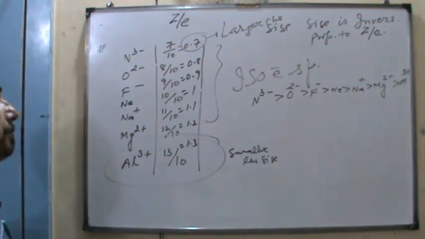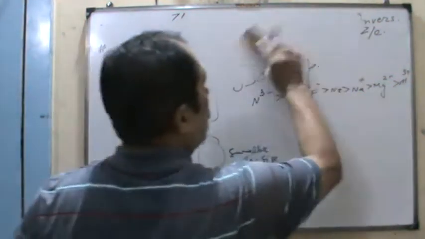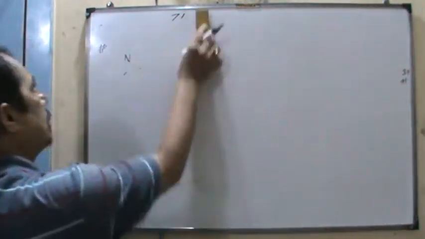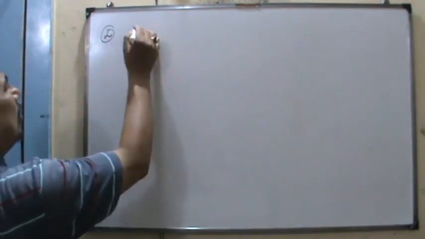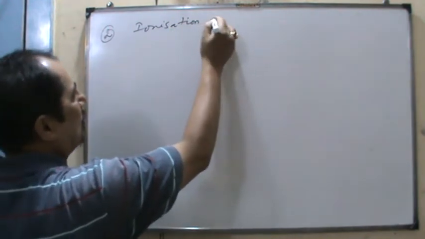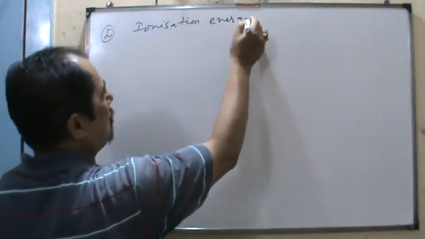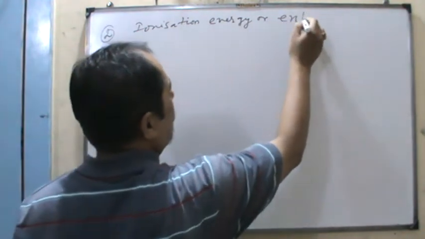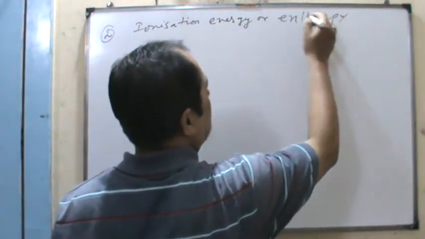After that, we'll explain the ionization energy. Another property is the ionization energy or ionization enthalpy.